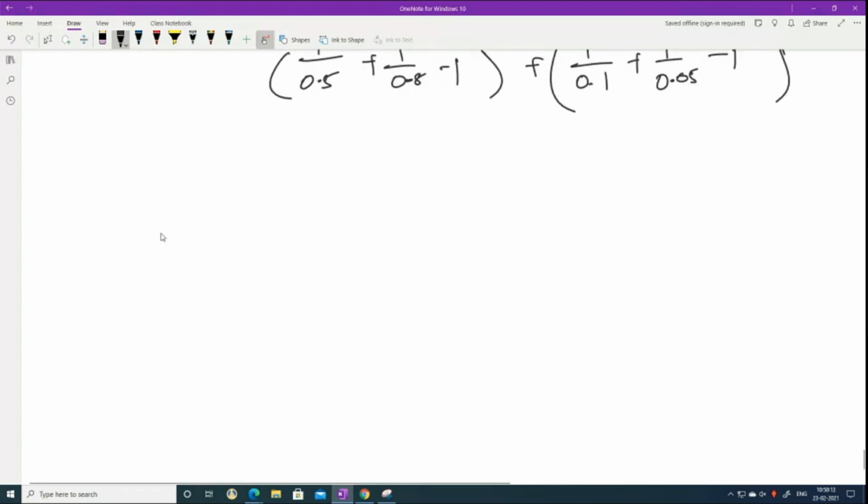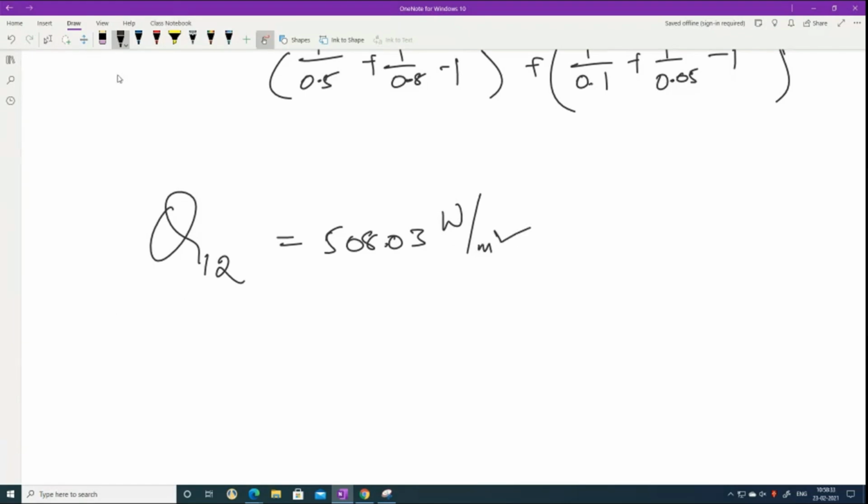Tell me what is the value. 508.03 watt per meter square. So this is your Q12.